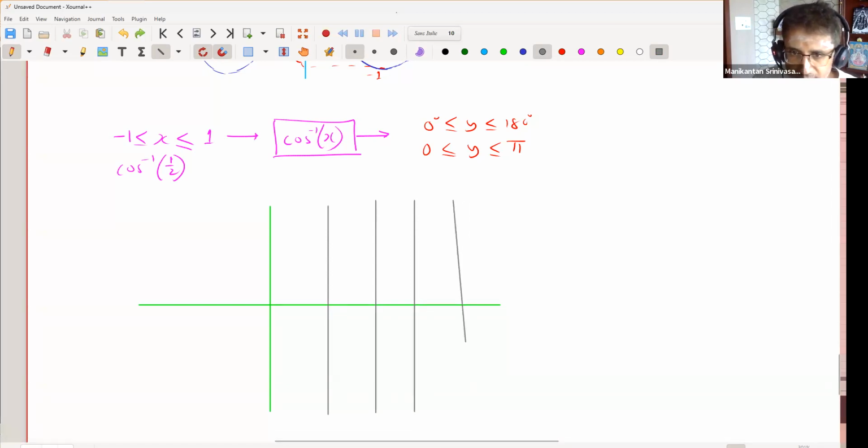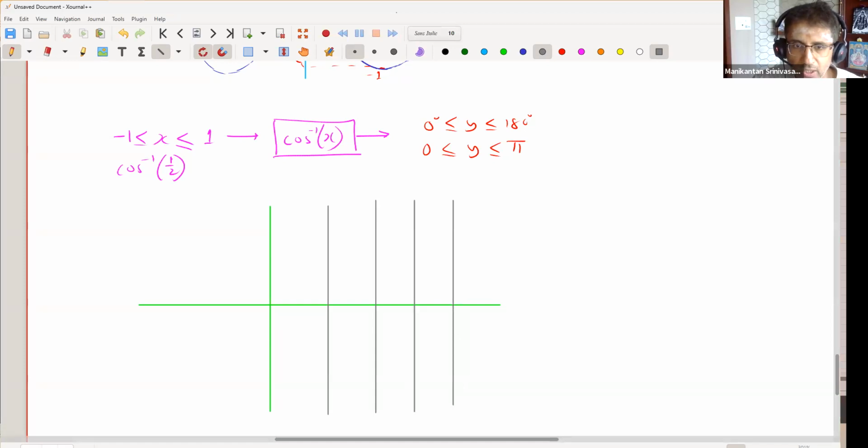It's not uniform. Okay, so now if I draw, tan 0 is 0. This is 90, this is 180, 270, and 360.